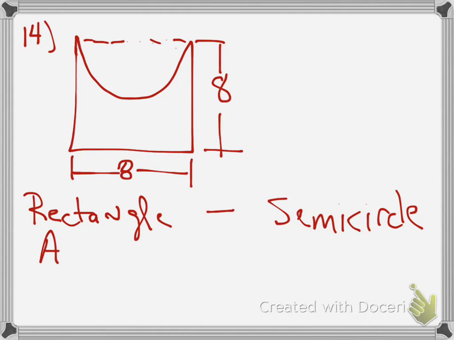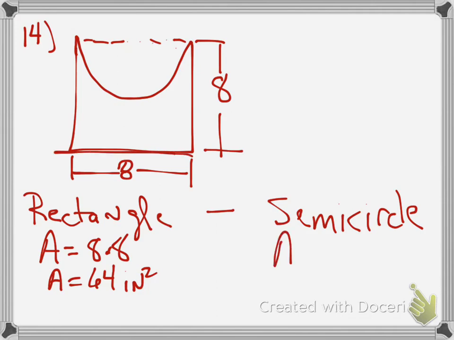So on this one, you could say this is a square, by the way, rectangle, square, same thing. You've got 8 times 8, so that's 64 square inches. And then a semicircle, where this ends up being the diameter, so the radius is divide this by 2 and you get 4. So pi times 4 squared, and when you do that, you get an area equal to 25.1.